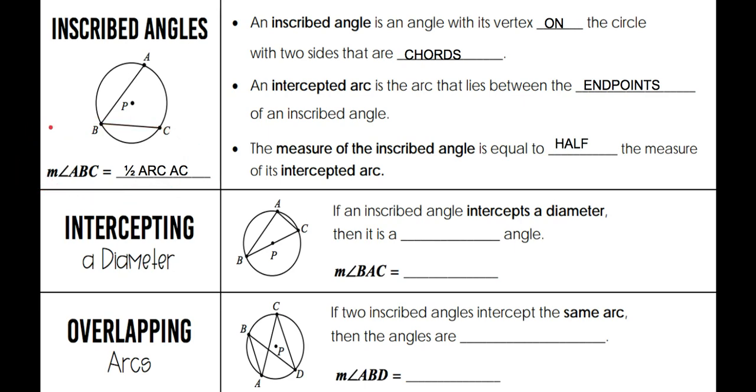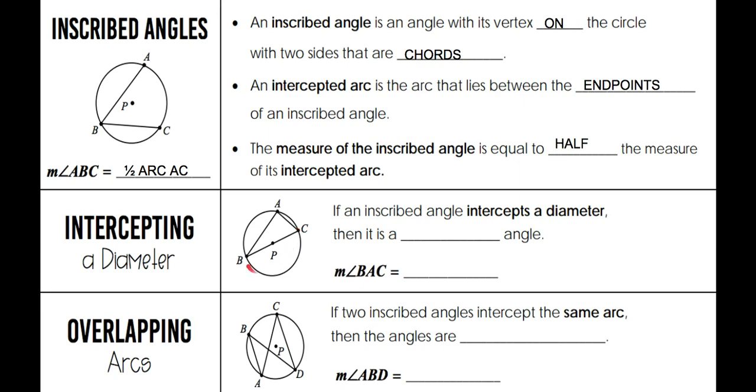Okay. So now let's talk about if we have a diameter. So a diameter BC, we have the inscribed angle BAC. Now, if we're intersecting a diameter, remember how many degrees would that make on the circle?